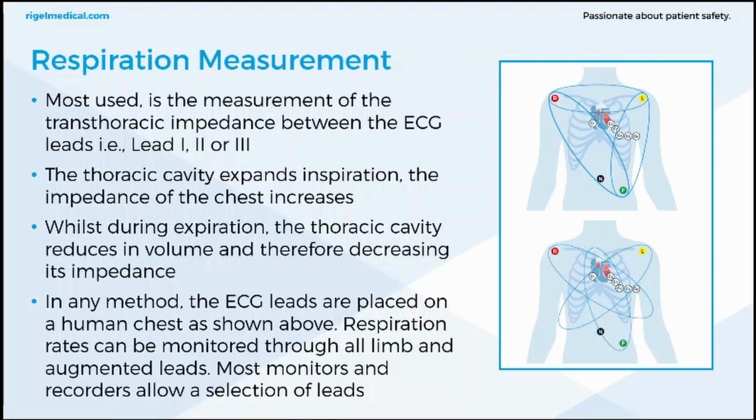So you might only have a variation of 1 ohm, 2 ohms, but that variation is measured by the patient monitor, and it measures respiration using the ECG leads attached. In any method, the ECG leads are placed on a human chest as shown above. Respiration rates can be monitored through all limb and augmented leads. Most monitors and recorders allow a selection of leads.